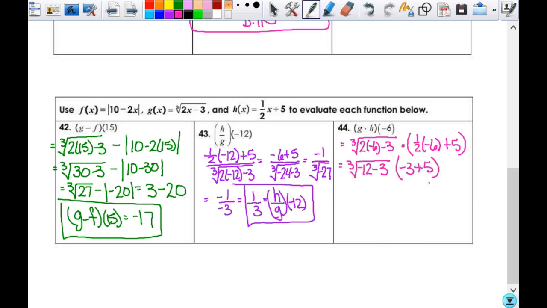So negative 3 plus 5 is 2. So I can bring that out to the front, and I get 2 times the cube root of negative 15. I can't even simplify that cube root, except that there is a negative 1 in here. I can take the cube root of negative 1, which is negative 1. So this actually becomes negative 2 times the cube root of 15. And that's equal to g times h of negative 6. And there you go.